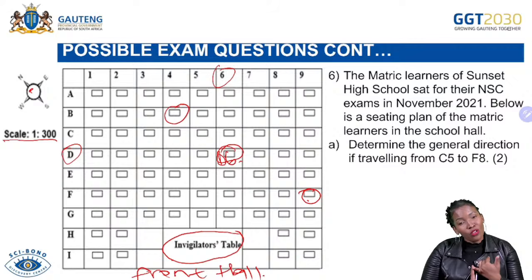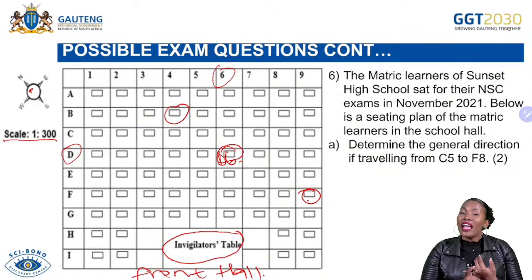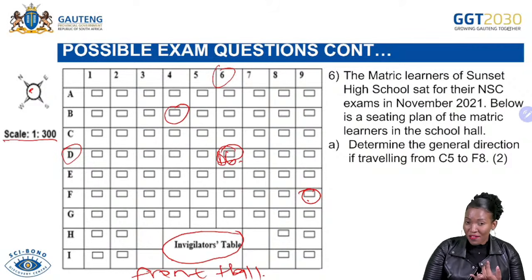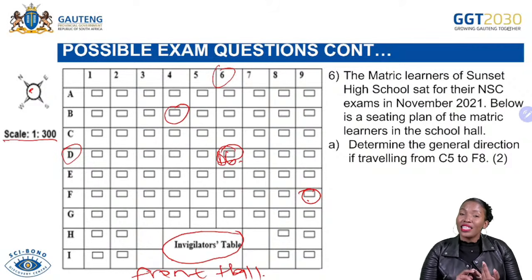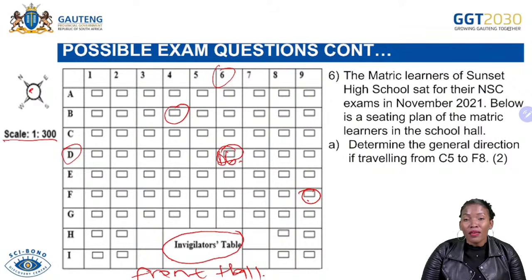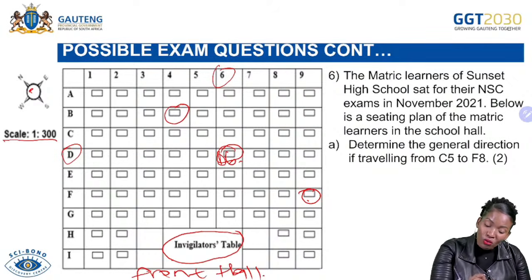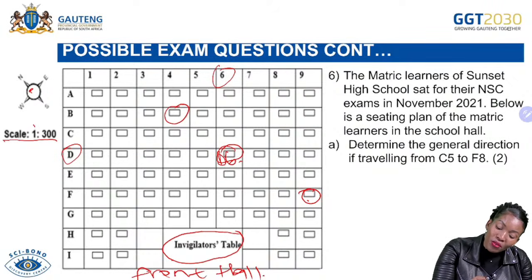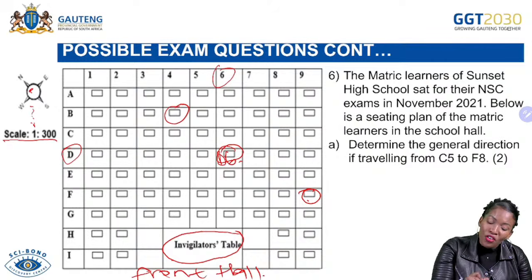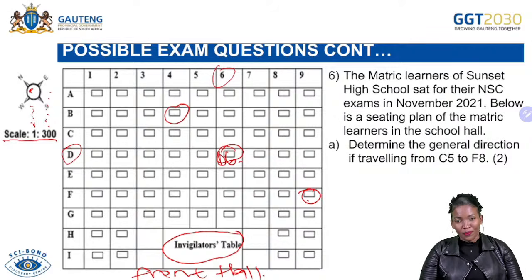And secondly, you are either going to be asked to identify the type of scale, where you mention if it's a number or a bar scale, or they will ask you to explain the meaning of the given scale. So for this scale, how do you explain the meaning? You will say 1 unit on the map represents 300 units in reality.